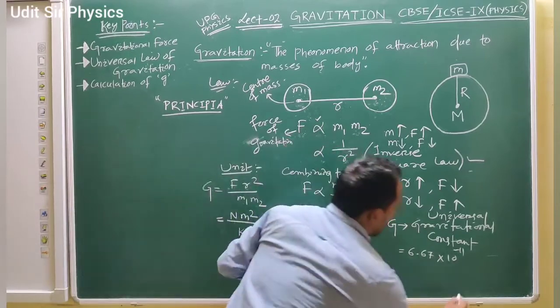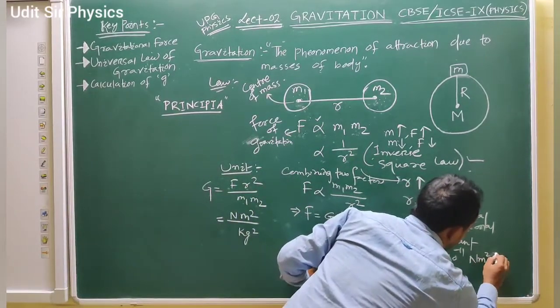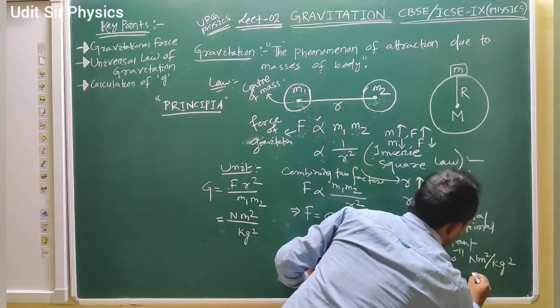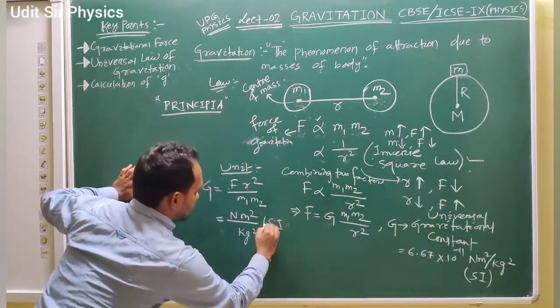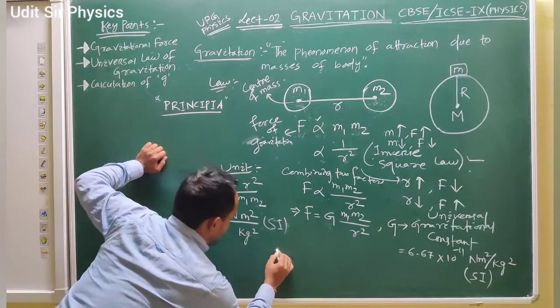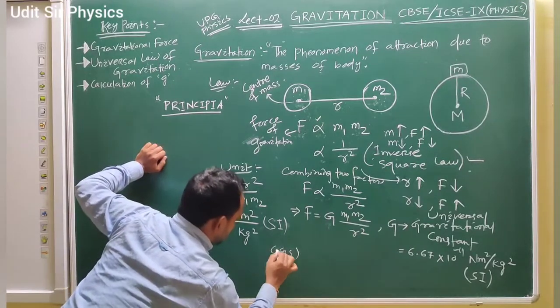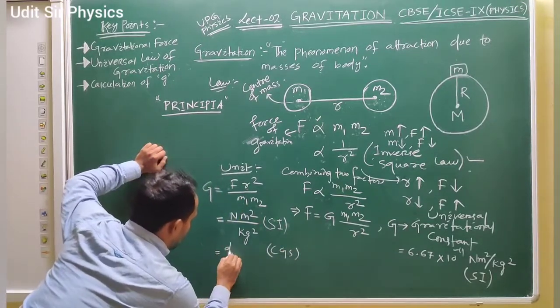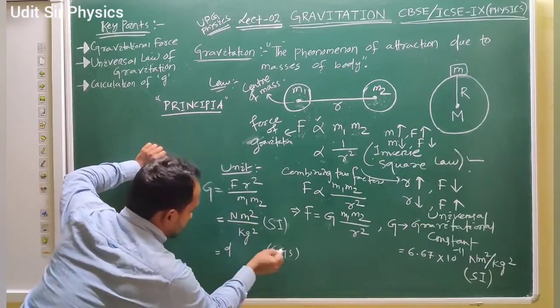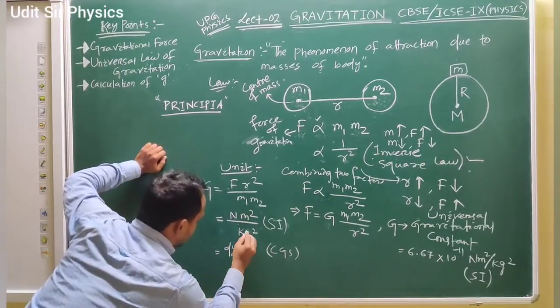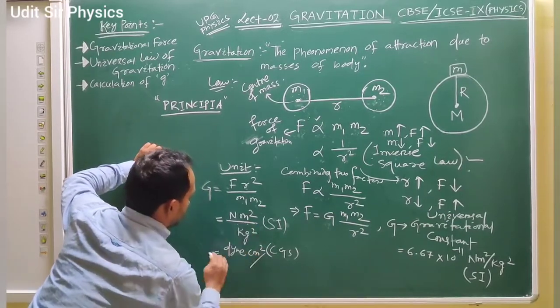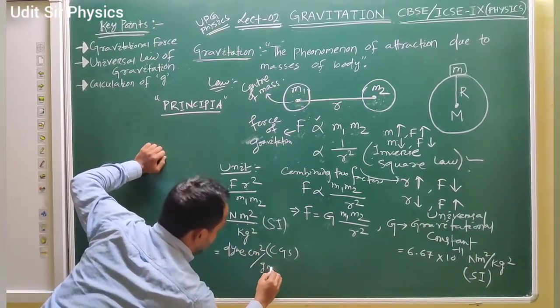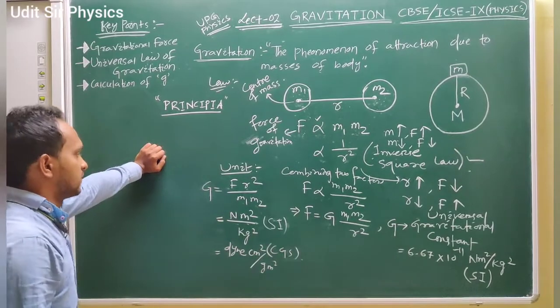So the unit is Newton meter square per kg square. This is your SI unit, and you can also write it in terms of the CGS unit. What is the CGS unit of Newton? Dyne, so dyne centimeter square per gram square. This is your CGS system.